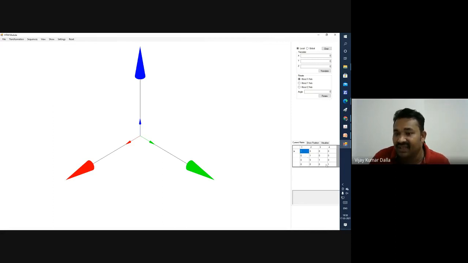So this transformation matrix gives information about both the orientations and positions of the robot.